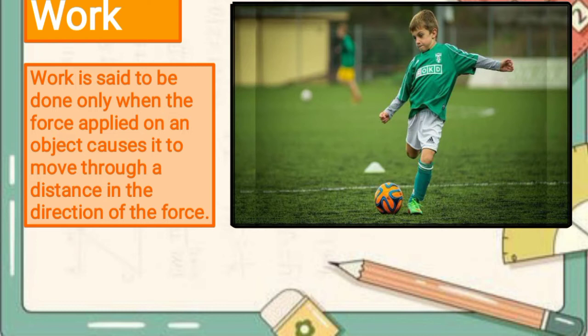This is because no force is being applied in these cases and no object is being moved. So hence work is said to be done when a constant force is applied to an object which causes the object to move in the same direction as the force is applied.